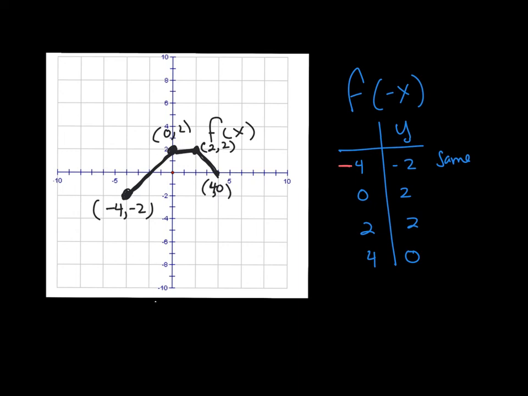So that changes this -4 to a positive 4. The 0 doesn't change. 0 or -0 is the same, so we don't really need that. Then -2 becomes 2, and 4 becomes -4. Now, if you can imagine taking your sheet of paper and flipping it over that same axis. So as you're taking this piece of paper, I'm talking about a horizontal change, you're going from left to right.